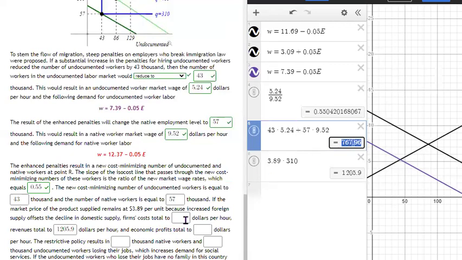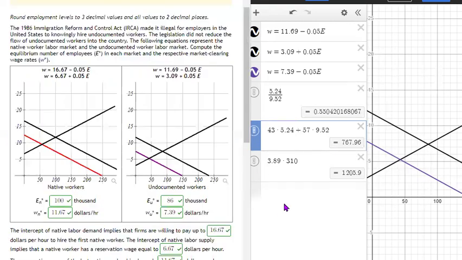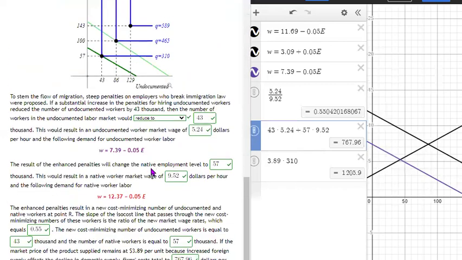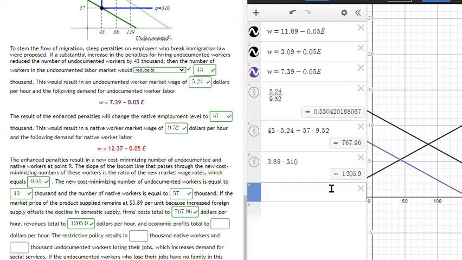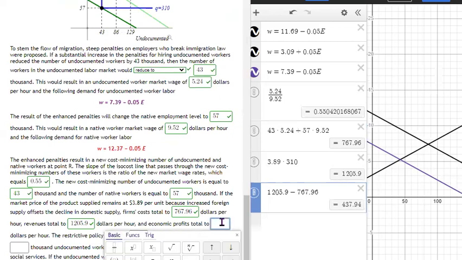That's the new total cost of employment. For economic profits, we subtract that value from the revenue, and we get an economic profit of $437.94.